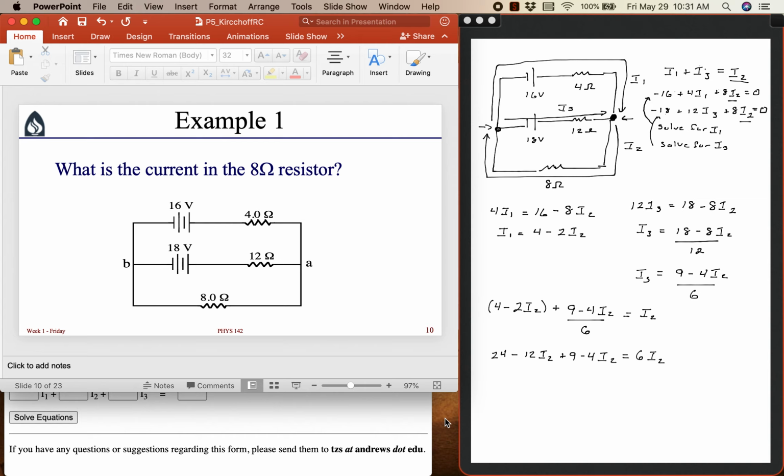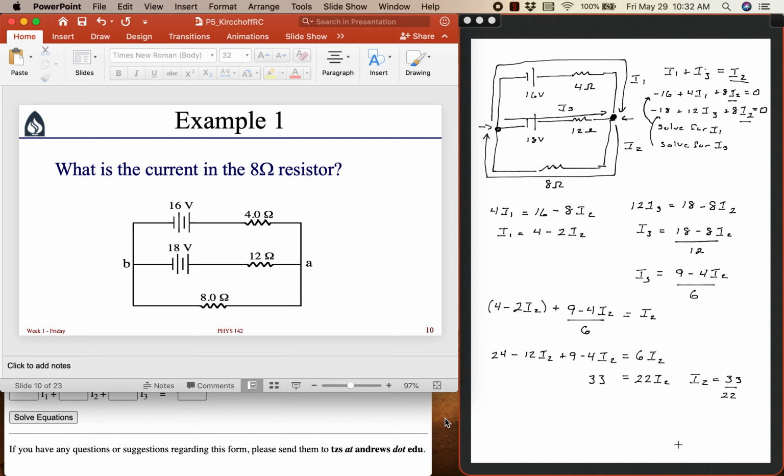So if I add together the 6I2 plus the 4I2, that gives me 10, and then I have an additional 12, so that gives me 22I2, and then that's going to be equal to 9 plus 24, which is 33. So that gives me 33 is equal to 22I2, and so therefore I2 is equal to 33 divided by 22.